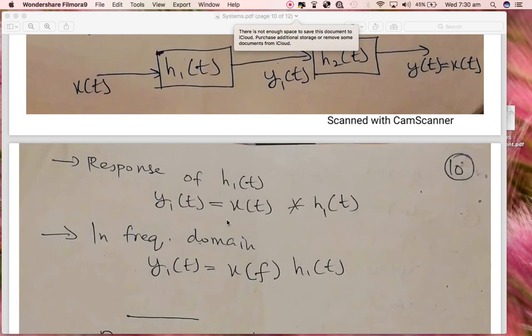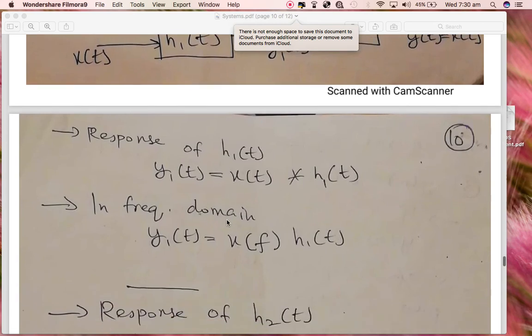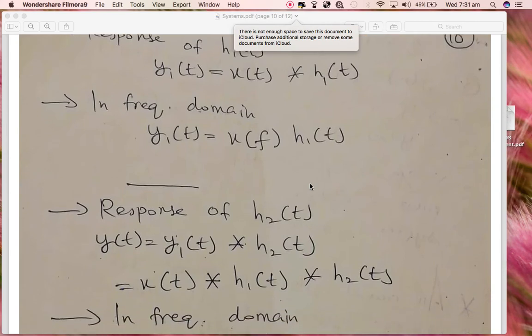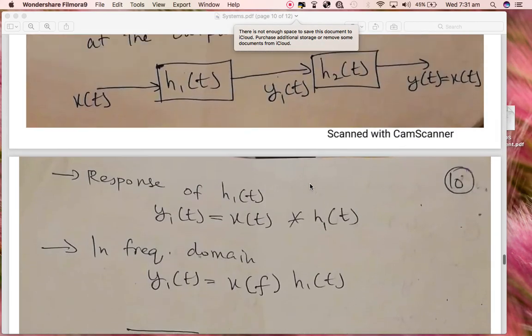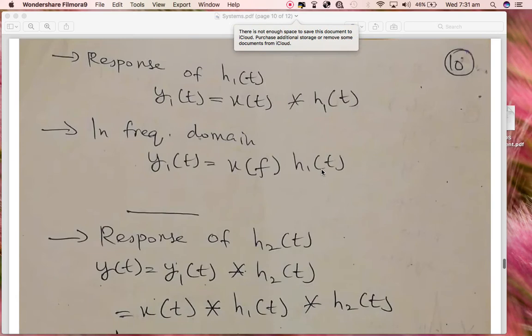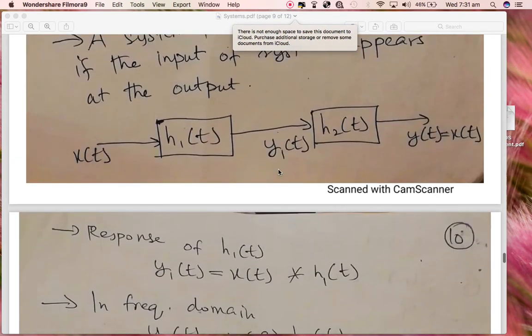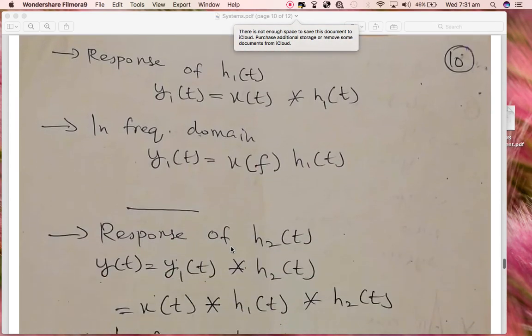When we do the frequency transformation of this kind of equation, we get Y1(f) equal to X(f) multiplied by H1(f), since convolution in the time domain is multiplication in the frequency domain. So if we see this kind of box, we can see that y(t) is equal to the input y1(t), convolved with h2(t), which is this one.